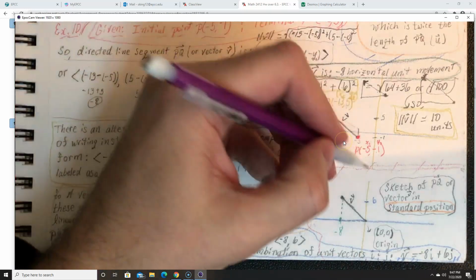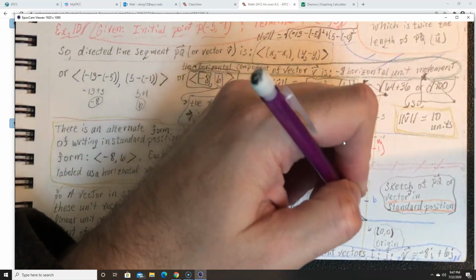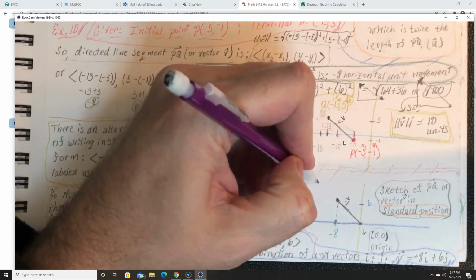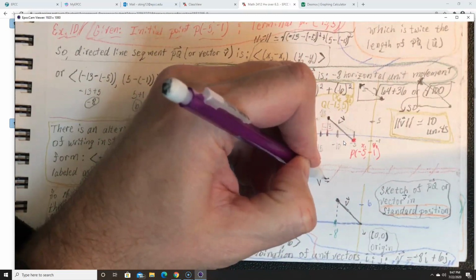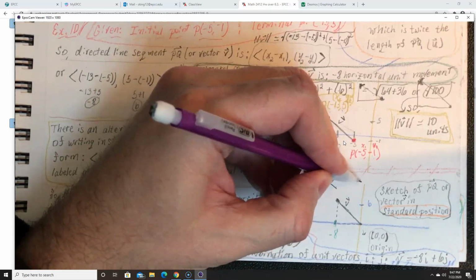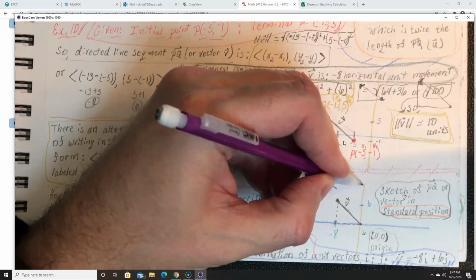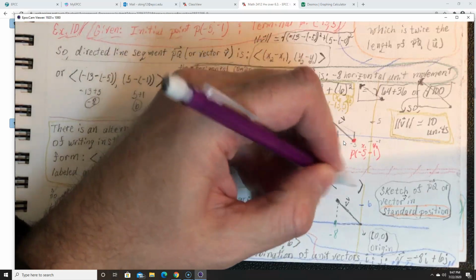And in component form, I have it written up here as well, you write vector v. I'm writing with my other hand here, okay? And this is the notation for component form. It's supposed to look the same.